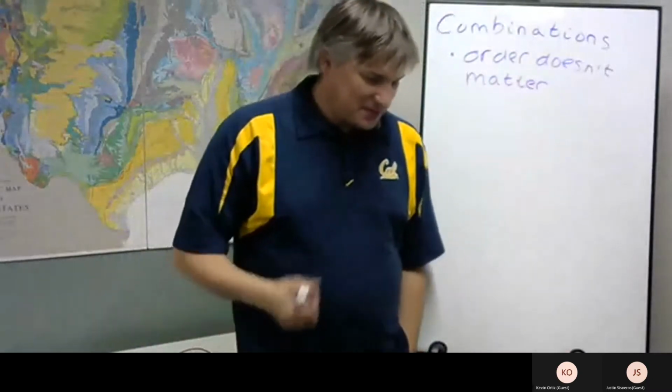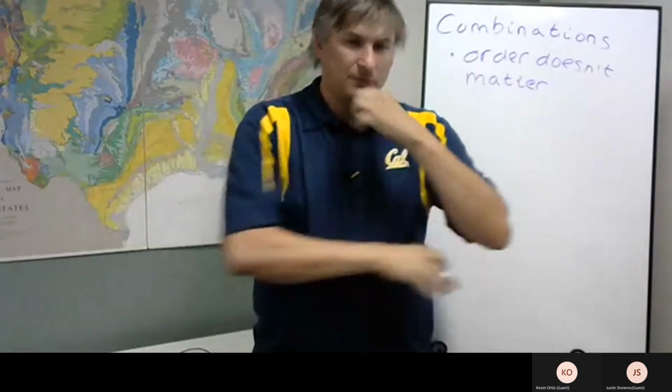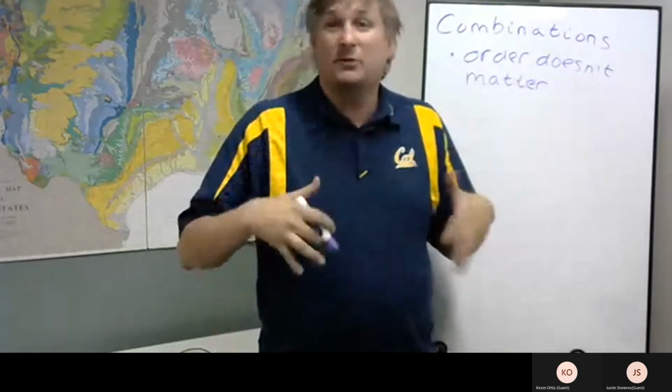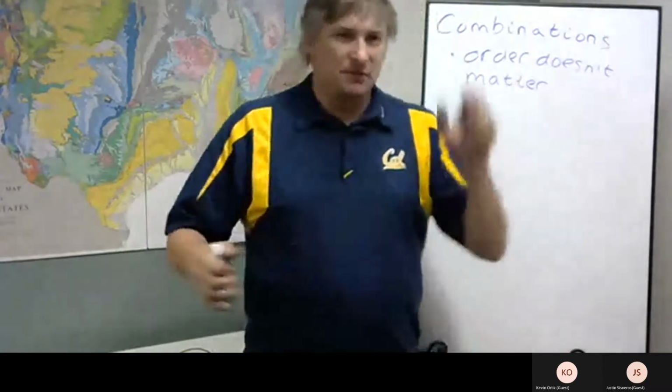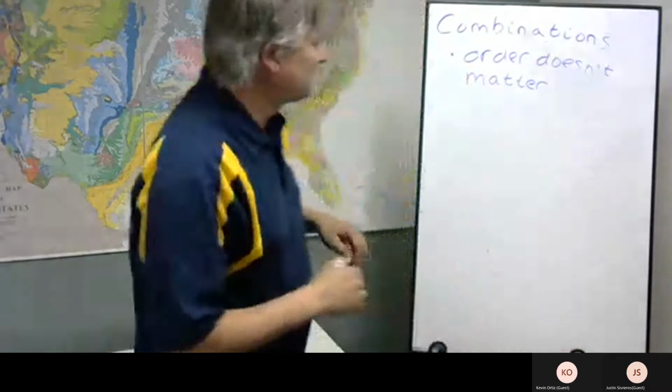So this is the situation where you would ask, let's say you have 10 players and you're going to choose 6 of them. And when you choose the 6, you're not going to rank them. We're not going to ask for how many ranked teams there are. Because again, if you switch the first person and the 6th person, now you have a totally different team from what you started with. But in a combination, switching the person sitting on this end of the bench with the person sitting on the other, since in combinations order doesn't matter, you haven't changed the team at all. It's still the same team. It doesn't matter where anybody sits. So that's the idea of a combination.